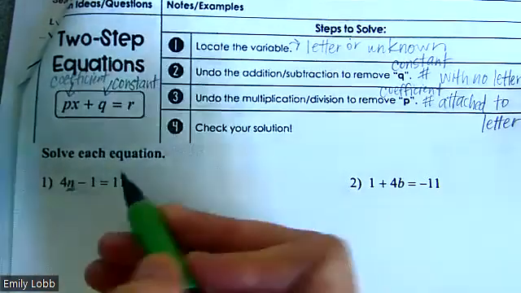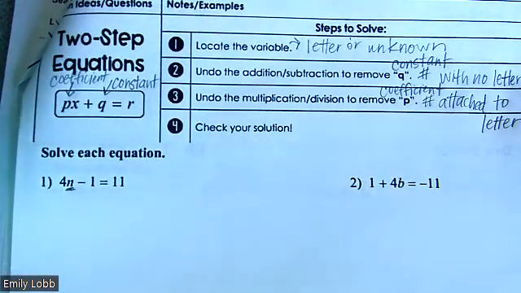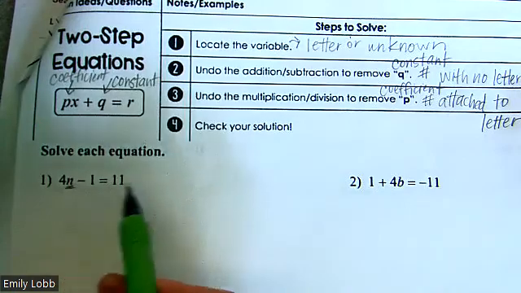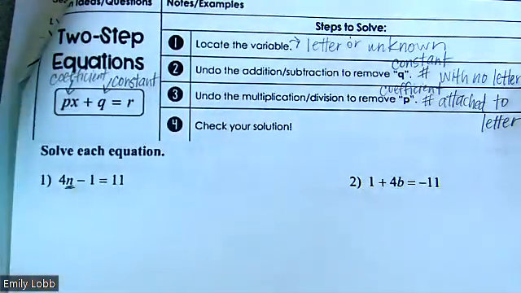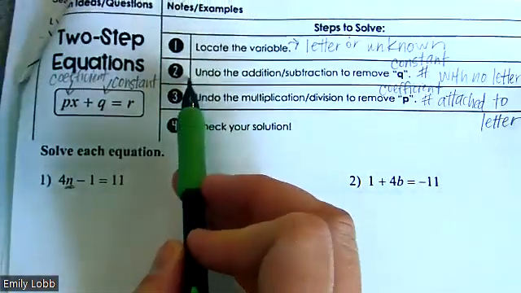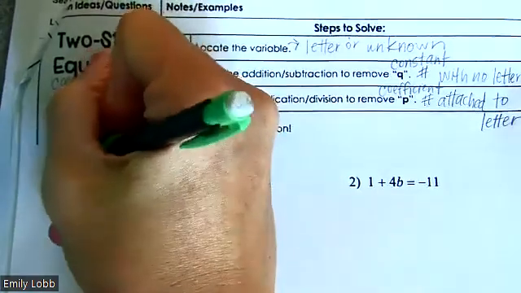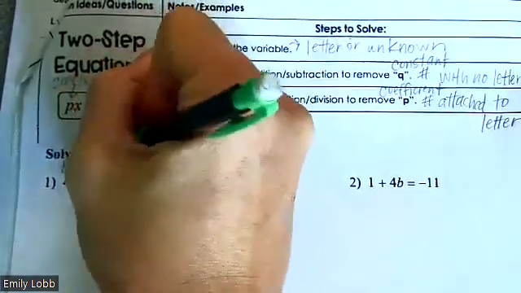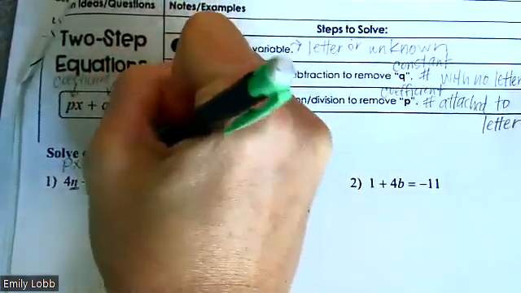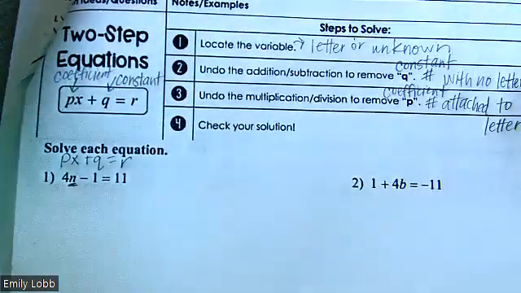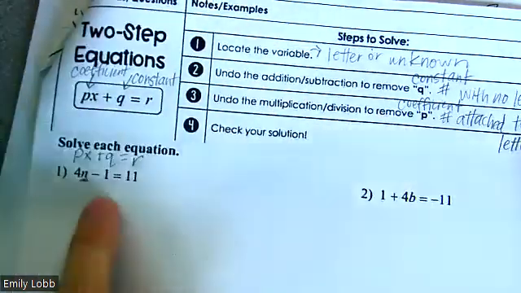I have to undo everything attached to it, but until I get rid of this -1, I can't get to it. So I'm going to go to step 2, undo the addition and subtraction to remove q. Do you see how they are telling us what q and r is? So we have to remove this constant q.